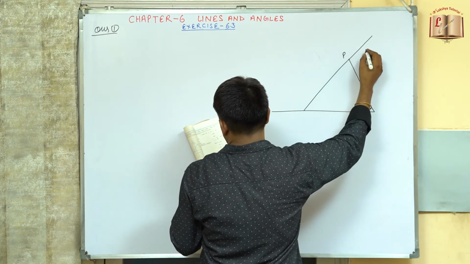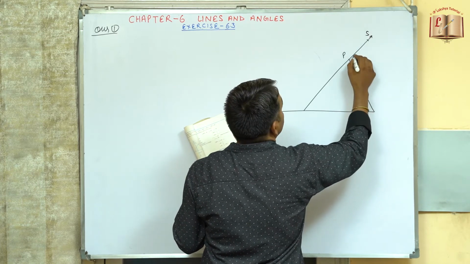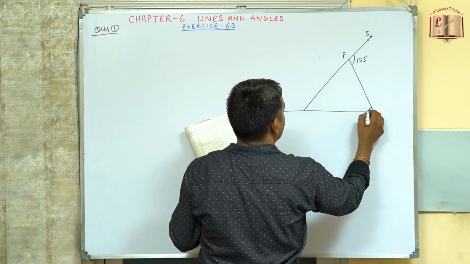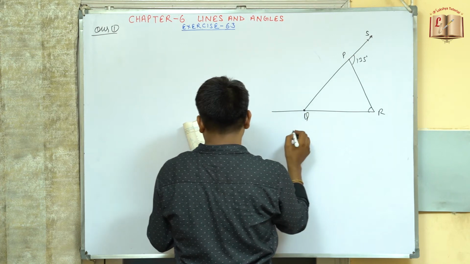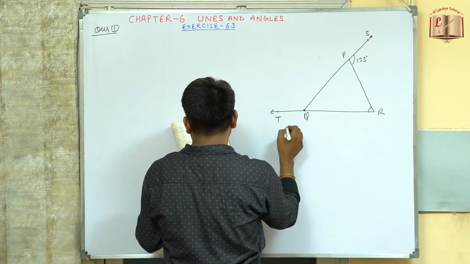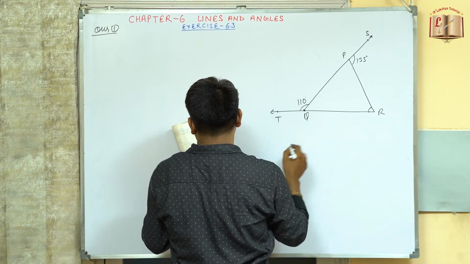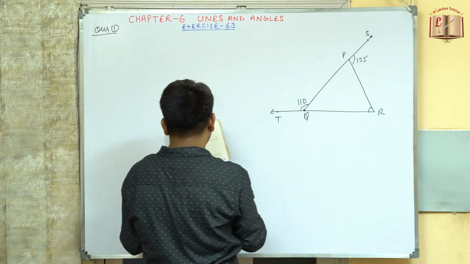This point is P and this is extended up to point S. This angle is 135, already given to us, and this is R, this point is Q, and here this is T, and this is 110 degrees.